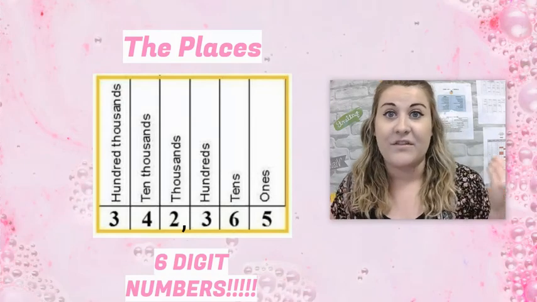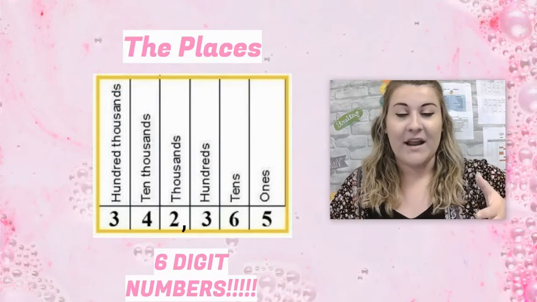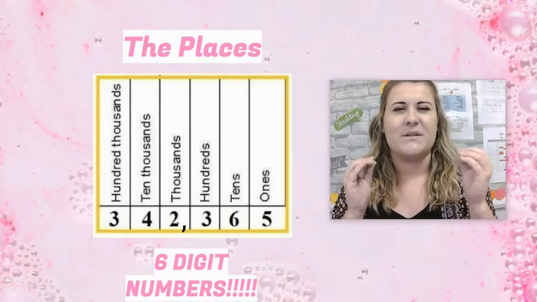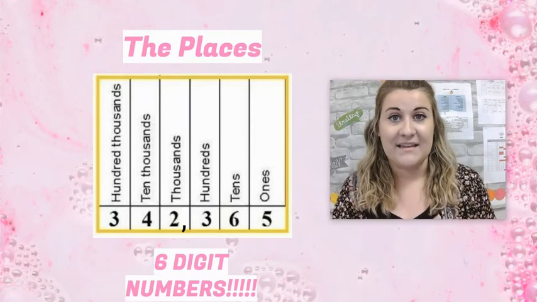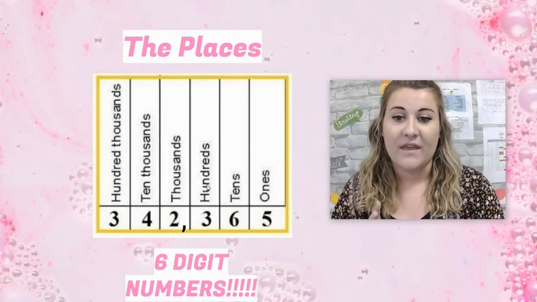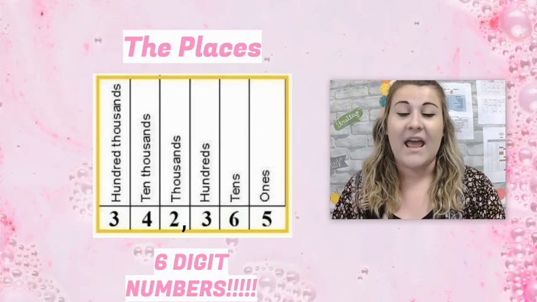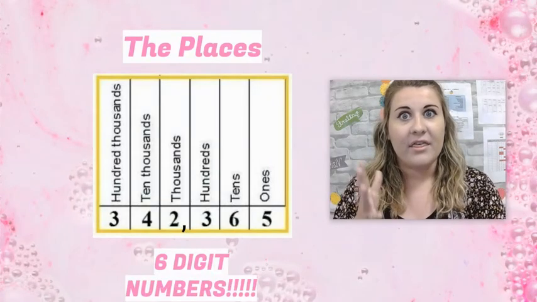So somebody had this great idea to put a comma there to help us separate those numbers and to help us break it down into smaller parts so that we can say it easier. So when you get to the thousands, you're going to put a comma right in between the hundreds and the thousands. Everything after this comma has the word thousands in it.